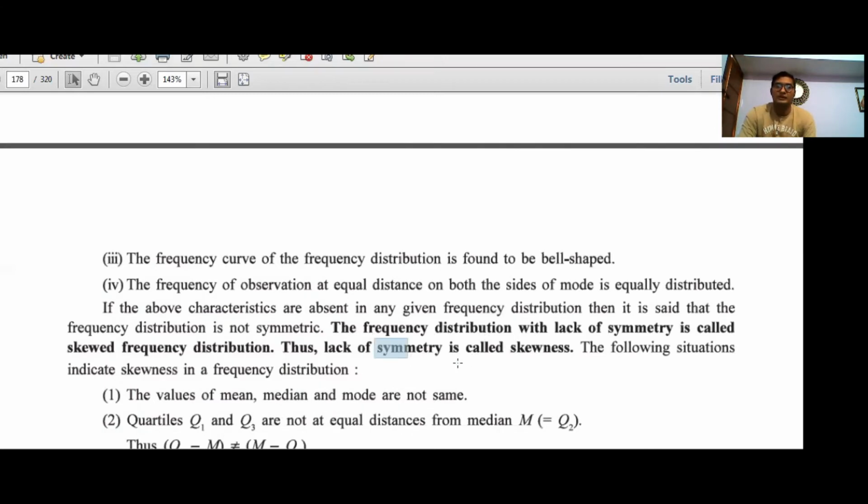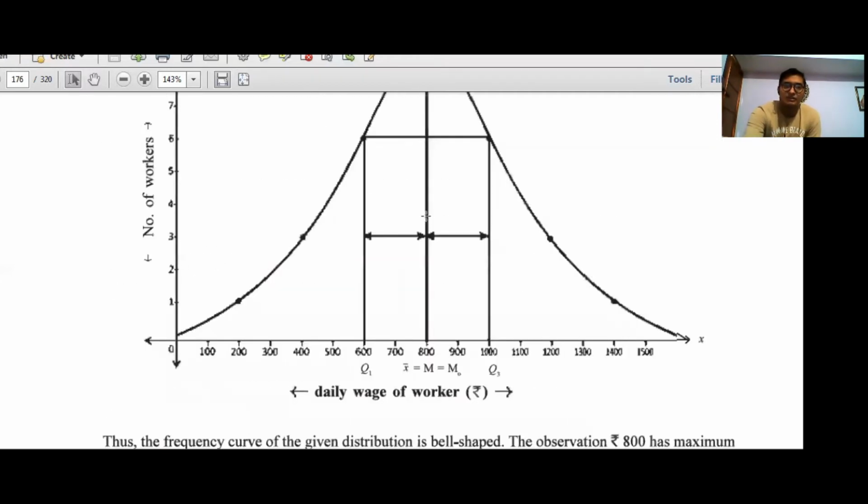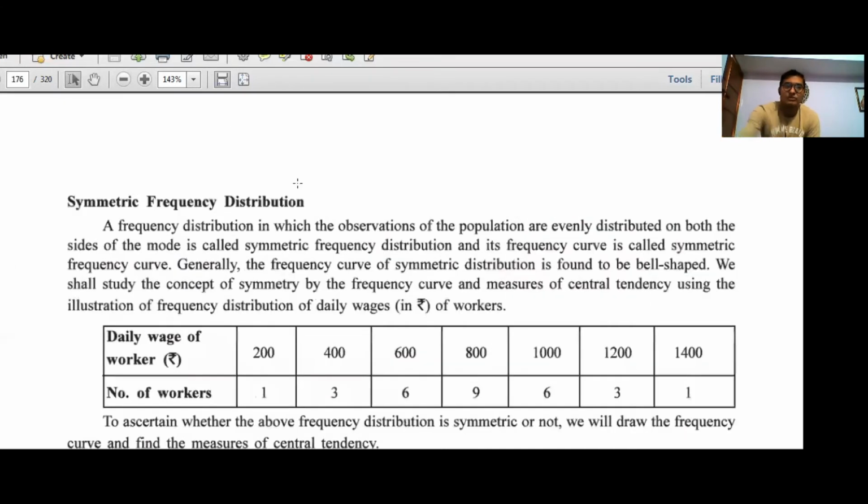Now, what is symmetry? To understand symmetry, there is another definition for a symmetric frequency distribution. Here, a frequency distribution in which observations of the population are evenly distributed on both sides of the mode is called a symmetric frequency distribution, and its frequency curve is called a symmetric frequency curve.